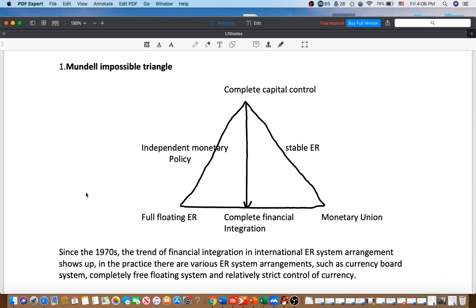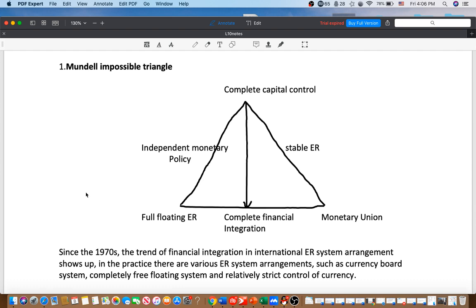The simple description of this triangle is that each side of the triangle means a different policy: independent monetary policy, stable exchange rate policy, and financial integration policy. They all have their own attractions.